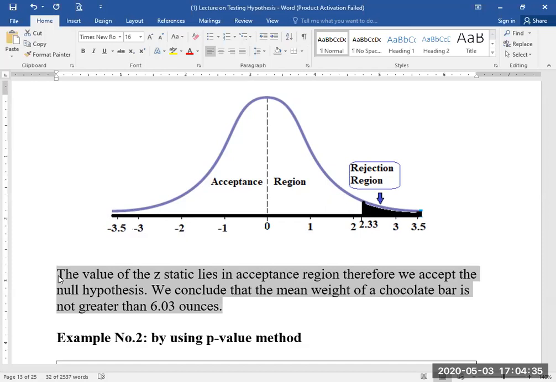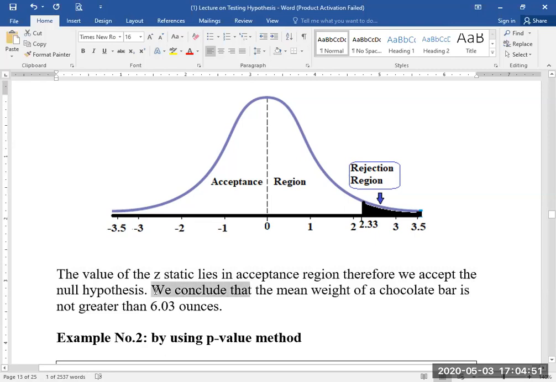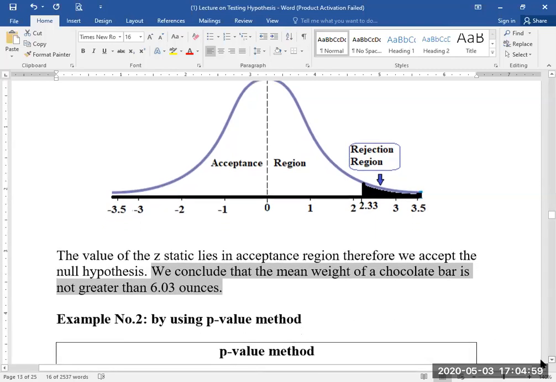Because student, 1.41 lies here, and the rejection region starts from 2.33. So 1.414 is here, therefore in the acceptance region, and from this we conclude that the mean weight of the chocolate bar is not greater than 6.03, and we accept the null hypothesis.